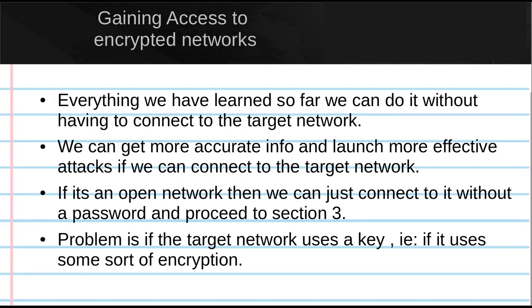All we had is a Wi-Fi card in monitor mode, and we were just launching a number of attacks. We were able to gather information about all the access points around us. We were able to gather information about the clients that are connected to these access points. We were able to sniff packets from these clients and access points.